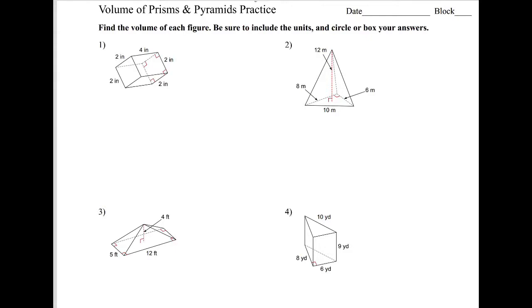So remember, the first thing you need to do is identify the base. Now your big B, when I say your base, I mean your big B, doesn't necessarily mean it's the bottom. Someone could identify this, let me switch colors here.